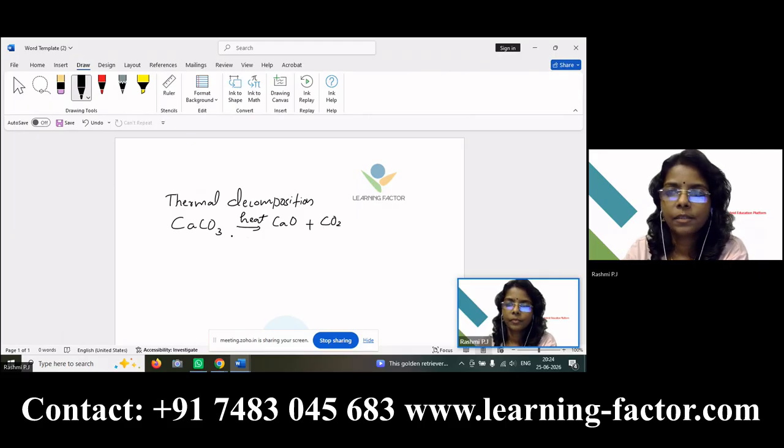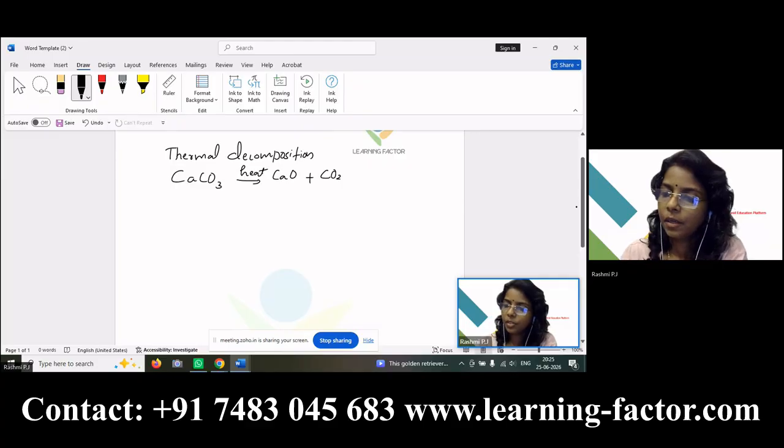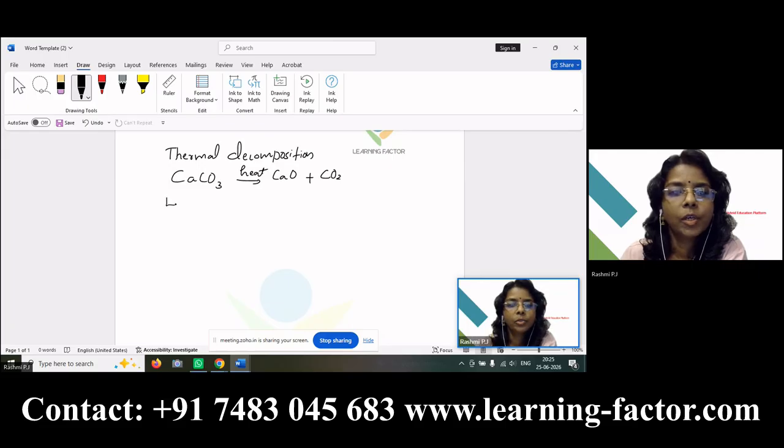The second type of decomposition reaction is one in which we pass electricity. Such a decomposition reaction we call electrolytic decomposition.